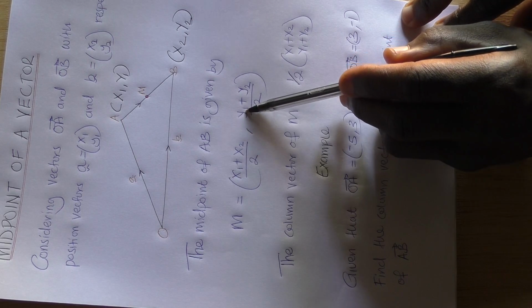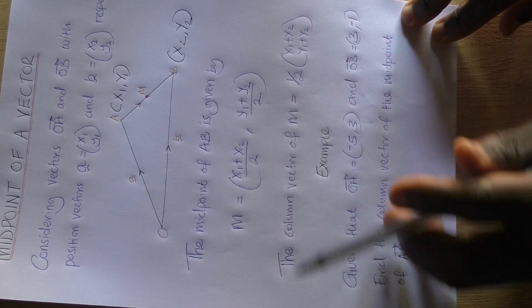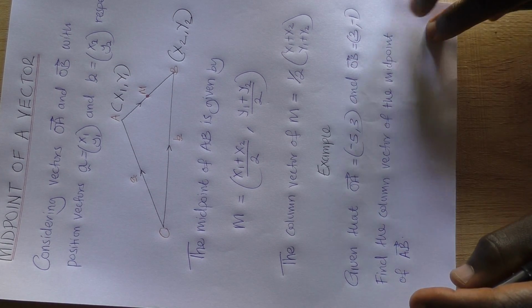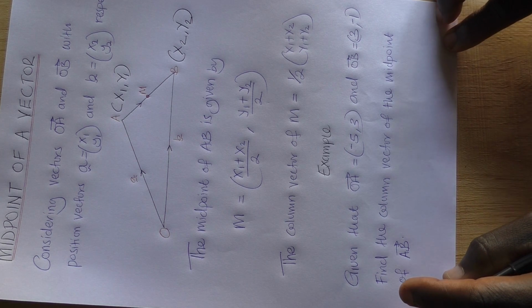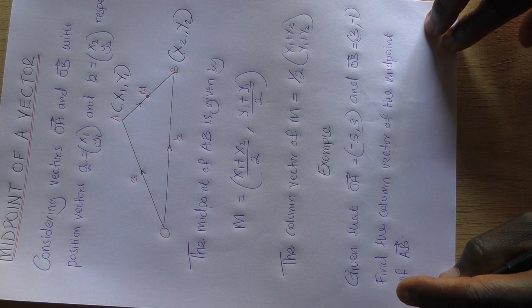The same applies for y1 and y2 divided by 2. So, in short, I would say we get the average of the x and y coordinates of the 2 points.